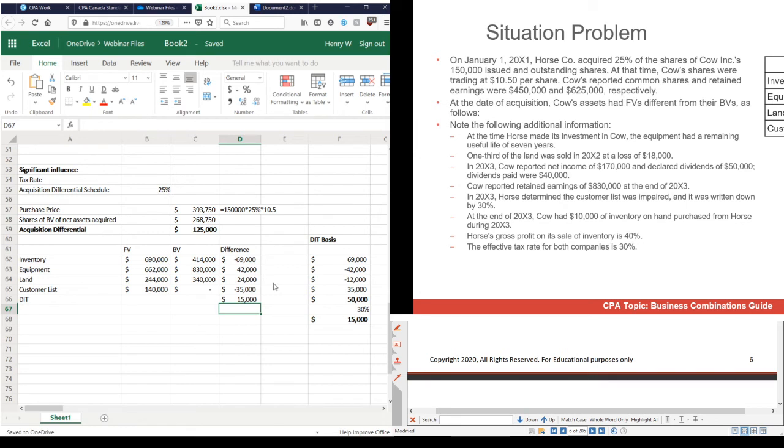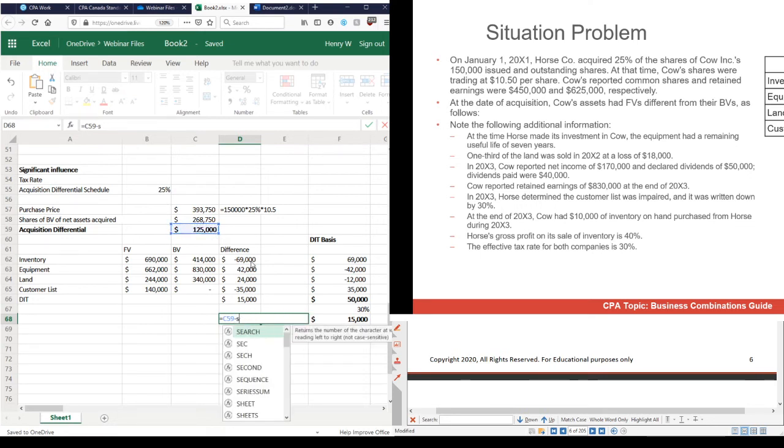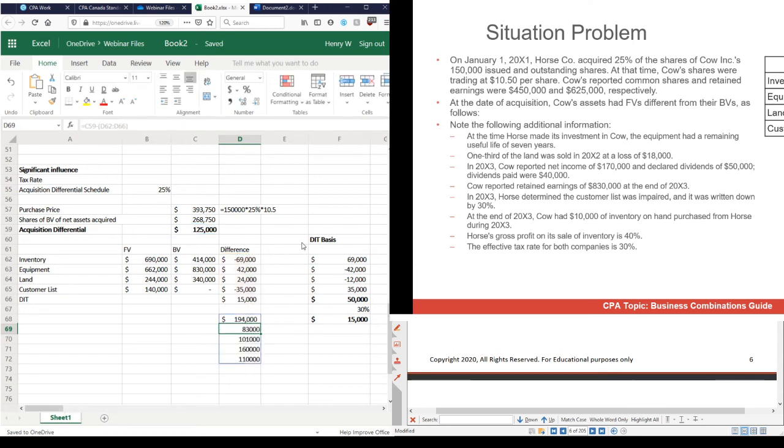If we take the total differential, subtract, oops, what happened?